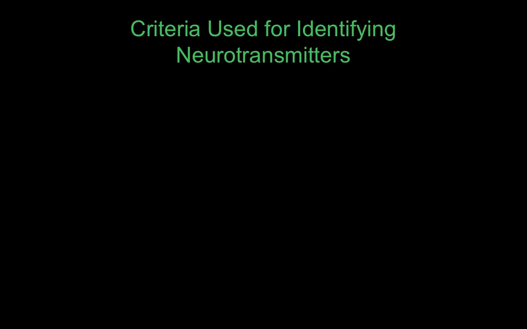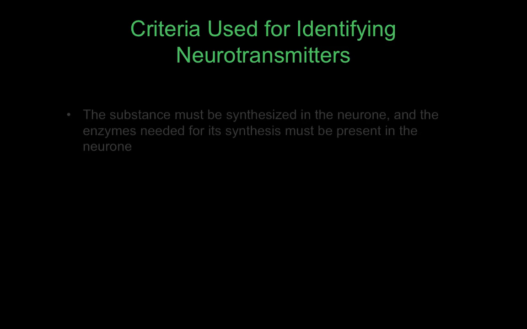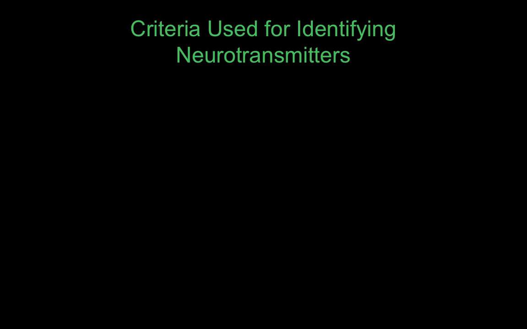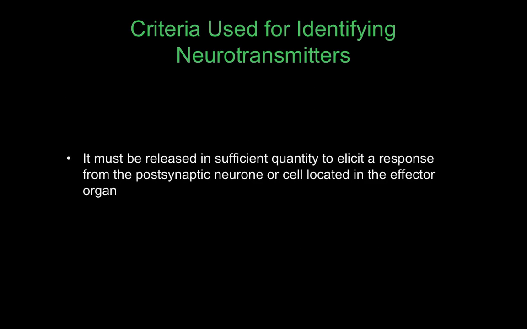So first of all, let's look at the criteria used for identifying neurotransmitters. The substance must be synthesized in the neuron, and the enzymes needed for its synthesis must be present in the neuron. It must be released in sufficient quantity to elicit a response from the postsynaptic neuron or cell located in the effector organ.